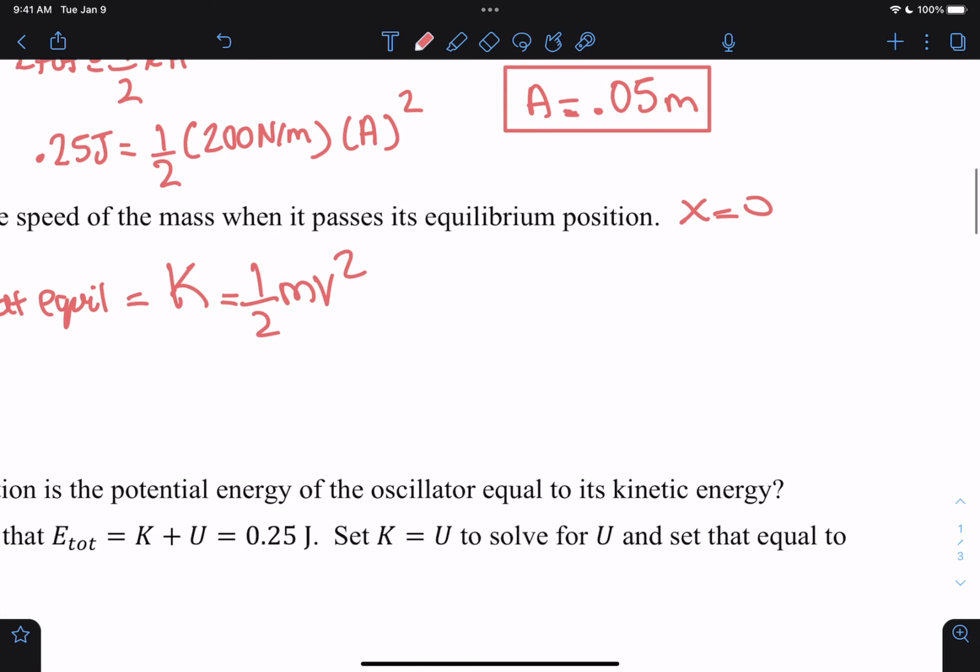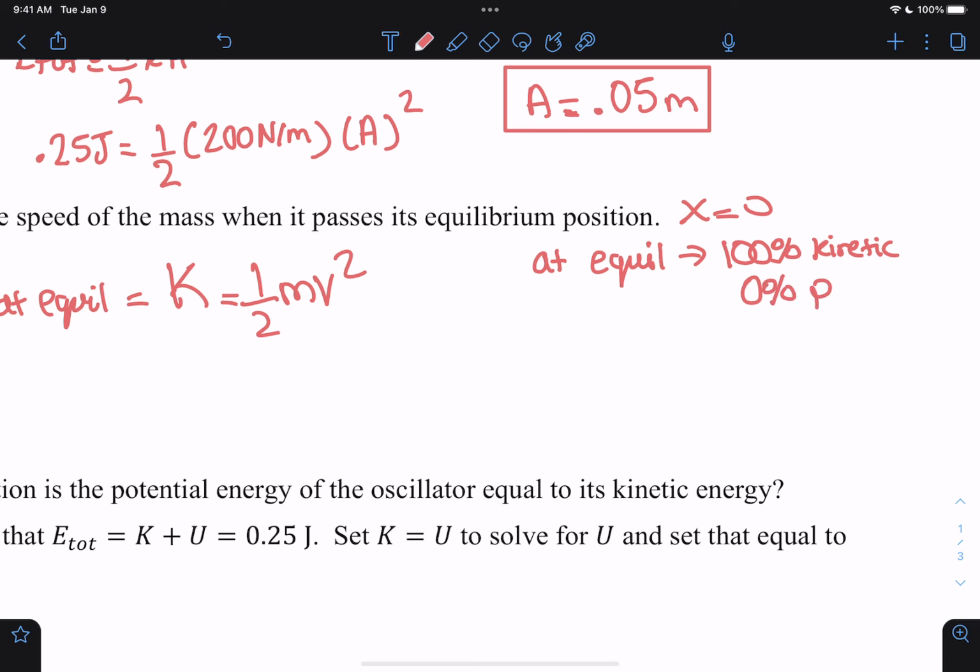Okay. Yeah, so at equilibrium position, 100% kinetic, 0% potential energy. And equilibrium is the same thing as saying x equals 0, right?